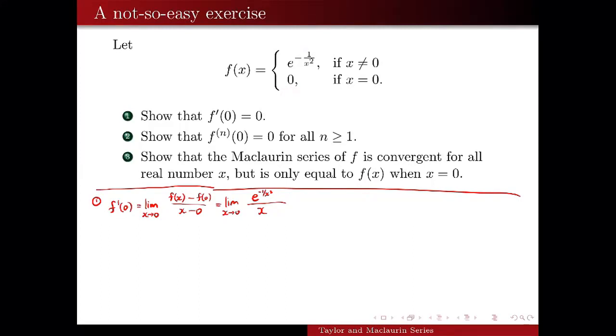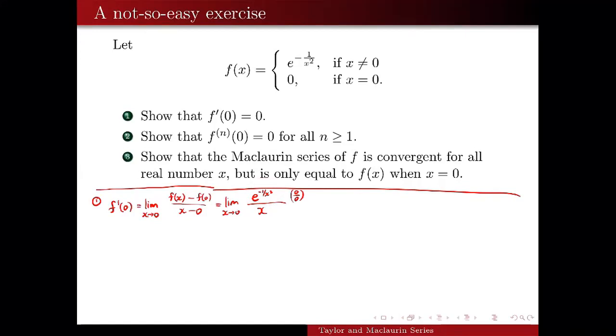So what is this? As x approaches 0, 1 over x will go to plus infinity. We have minus in here. So as x approaches 0, e raised to negative 1 over x squared will go to 0. In short, this is just 0 over 0.